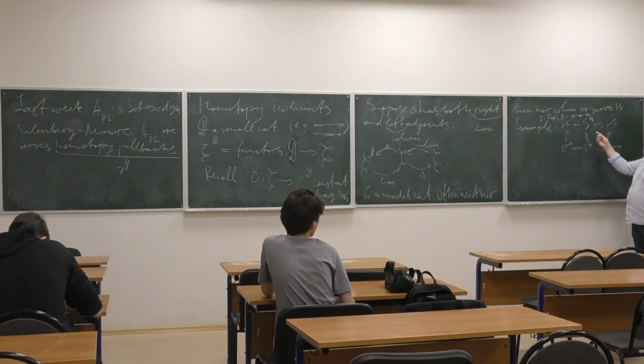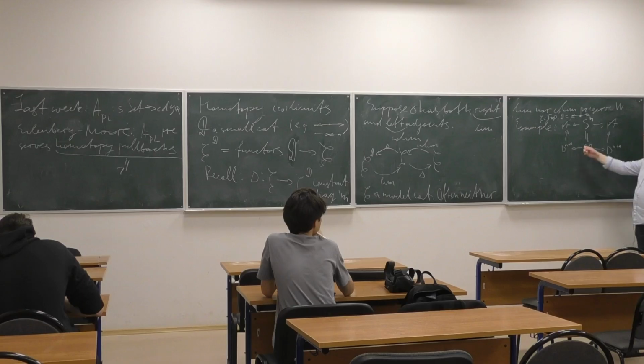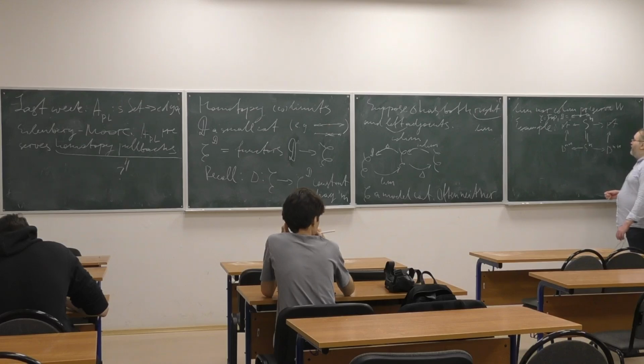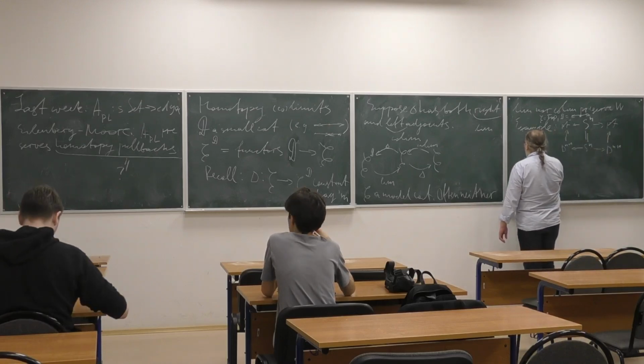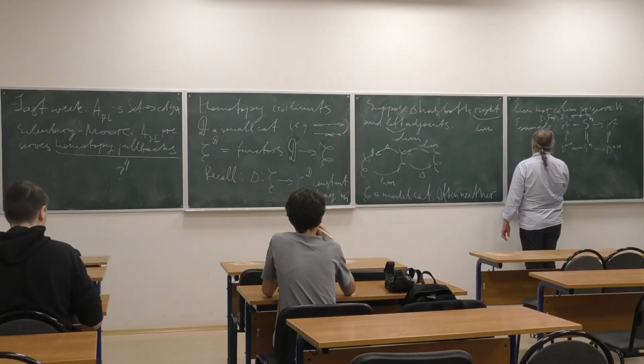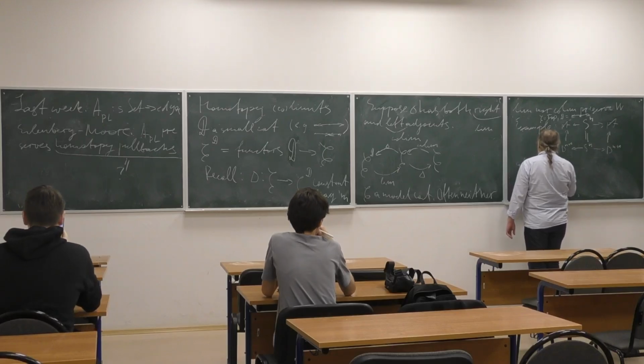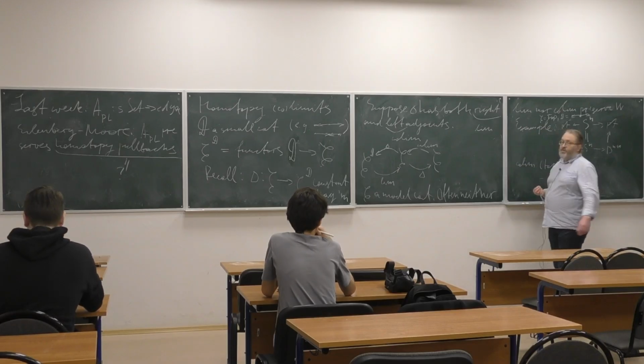Well, let's observe that we have this diagram, and it commutes. So what's the co-limit of the top row?